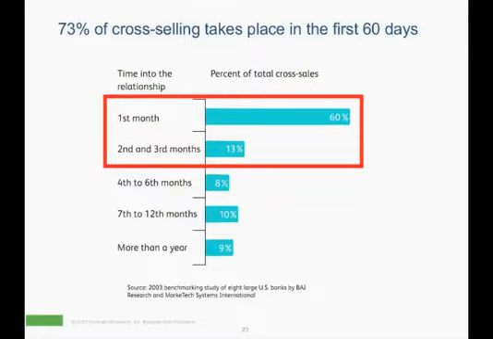So at the same time these consumers are potentially leaving if they're not activating or sold the wrong product, if we're not cross-selling them early on, we may lose the best opportunity that we have to cross-sell these customers. So onboarding is not only important from an activation perspective, it's also as important from a cross-sell perspective.